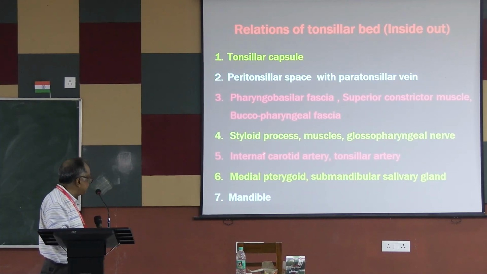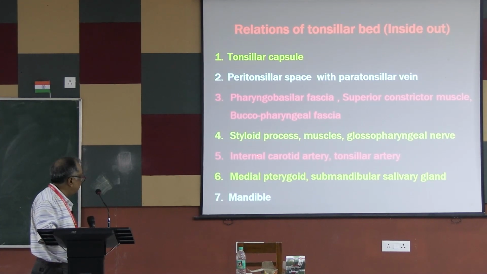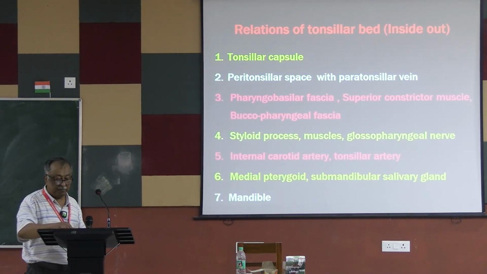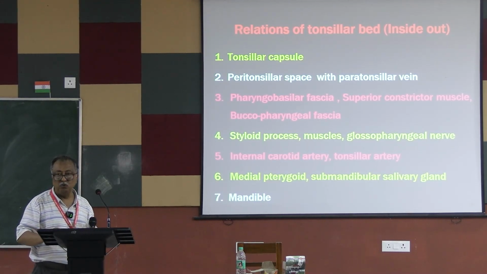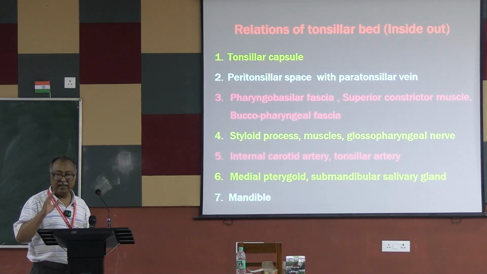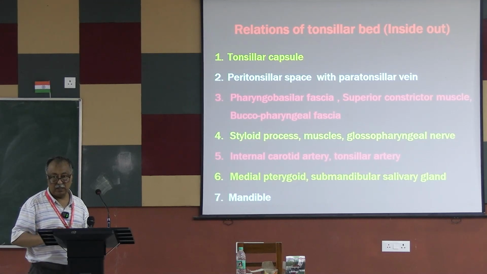The next important thing is the internal carotid artery. Each and every time before going for tonsillectomy, you should palpate the tonsil, because there is a chance of formation of an aneurysm. There is a chance of a vascular tumor beneath the tonsil.